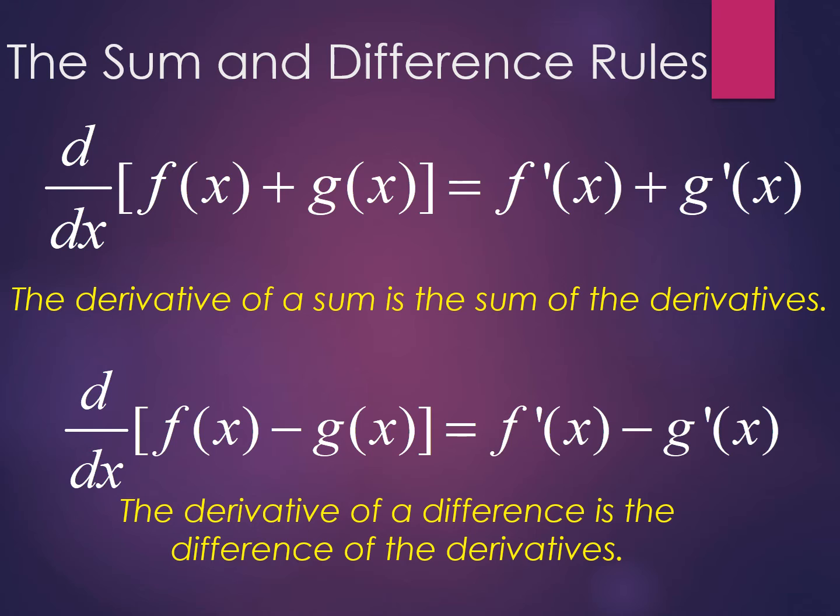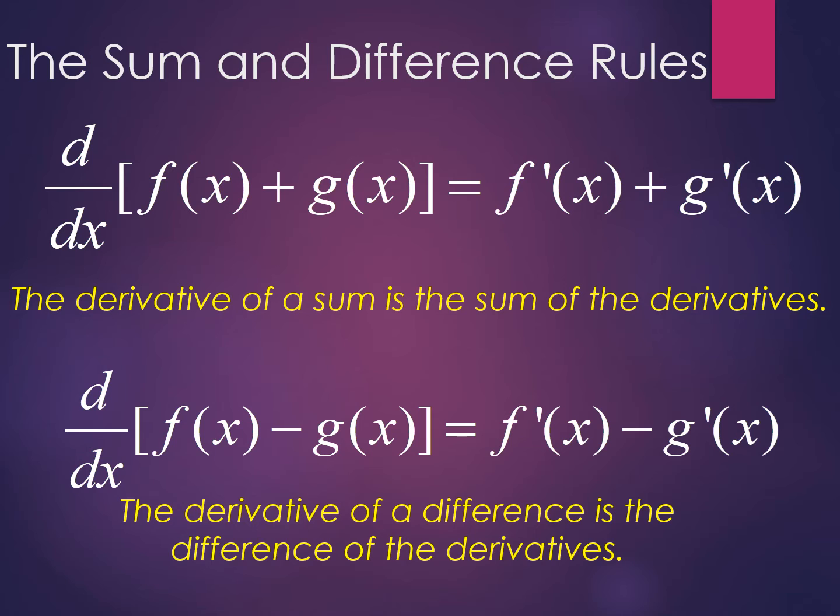Let's move on to the sum and difference rules. In here, it states that d over dx of f of x plus g of x equals f prime of x plus g prime of x. If there are two functions, you get the derivative of the first plus the derivative of the second. So the derivative of a sum is the sum of the derivatives.